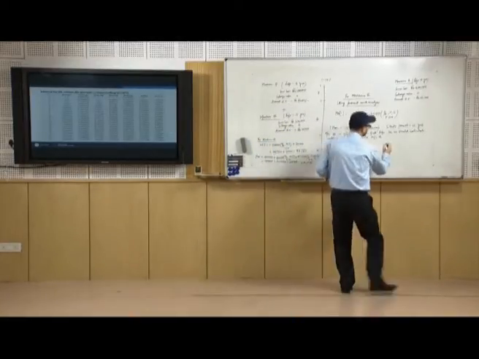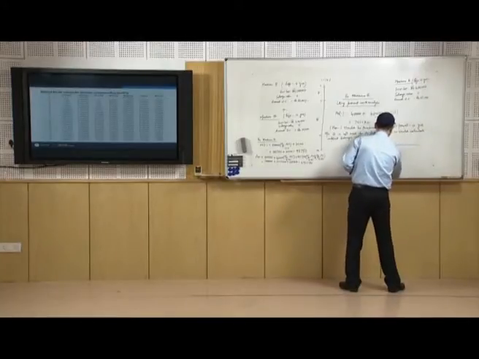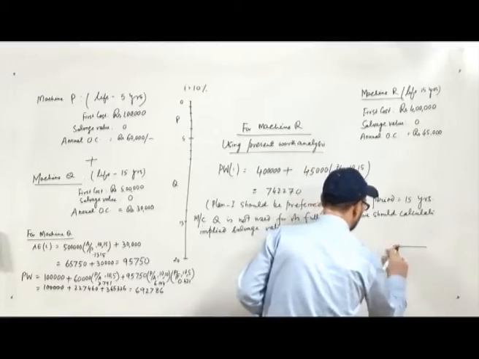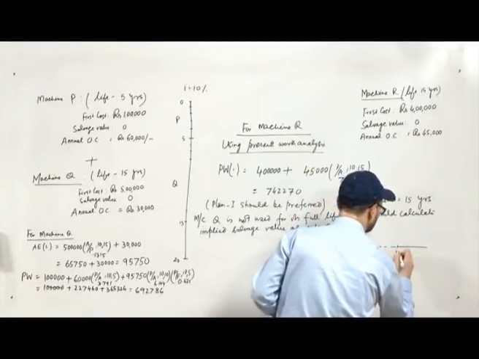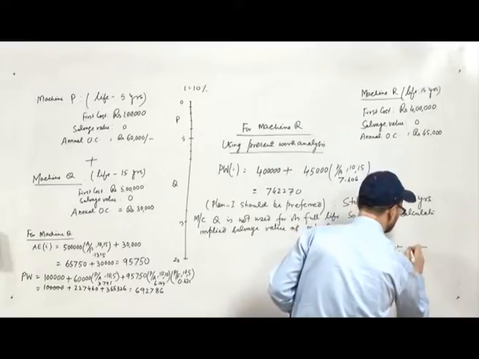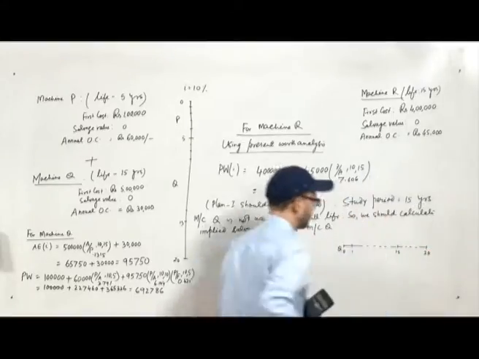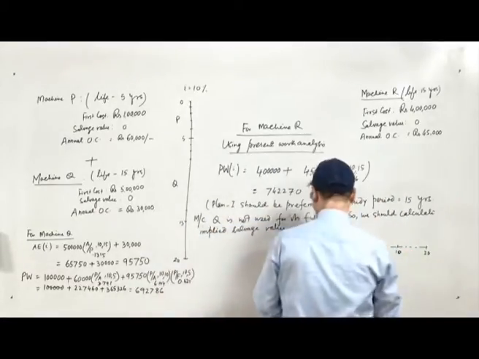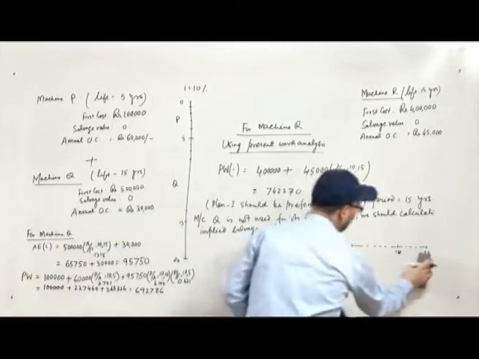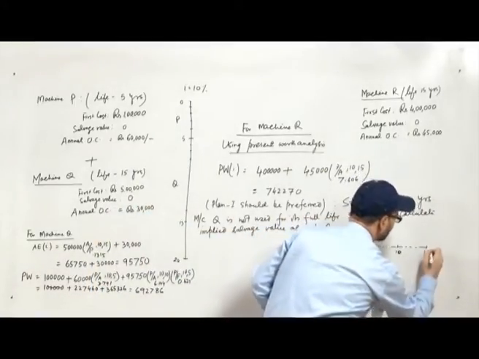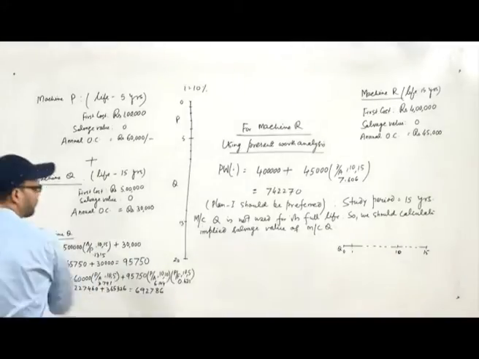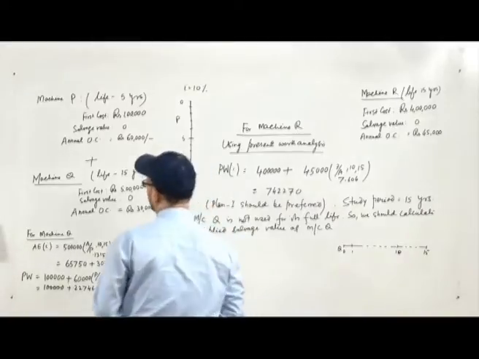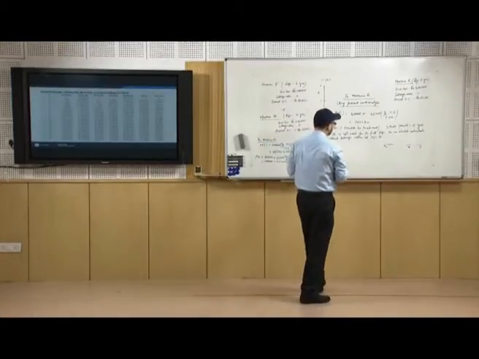Machine Q, basically we are using it only for 10 years out of its total 15 years. So, its present cost is given as 5 lakh.